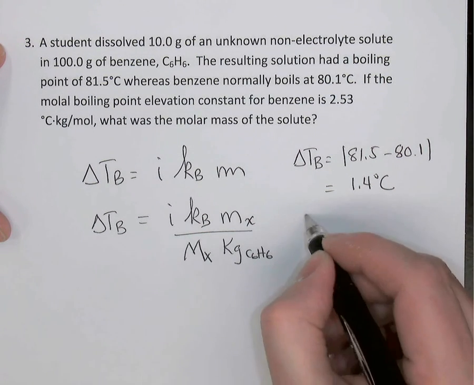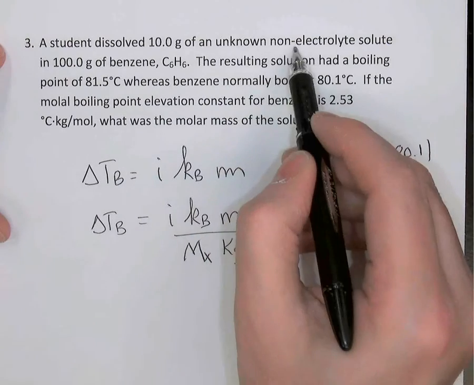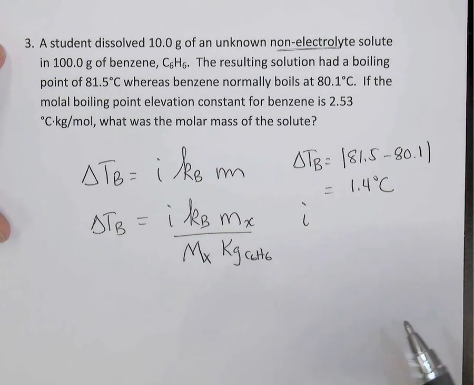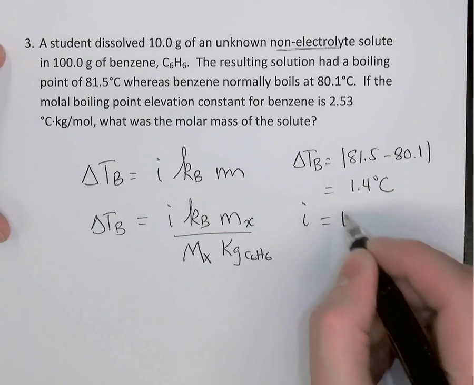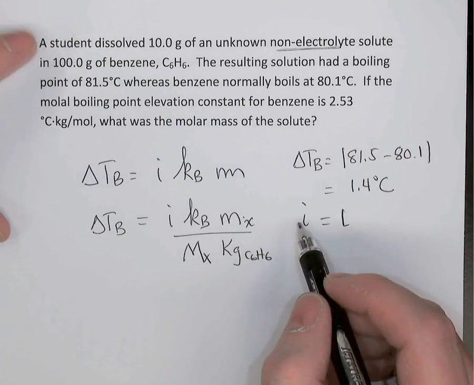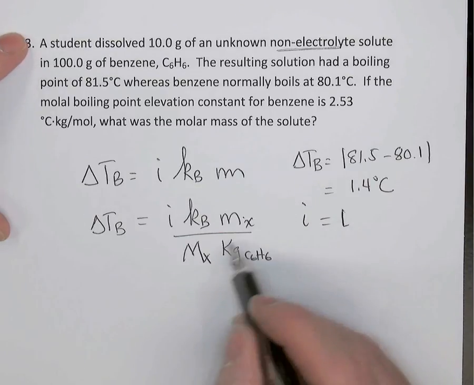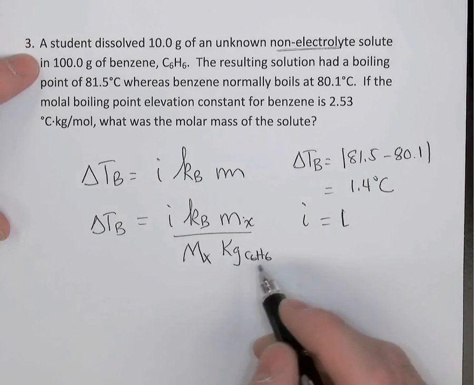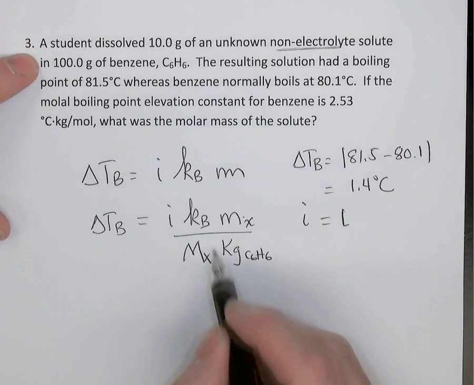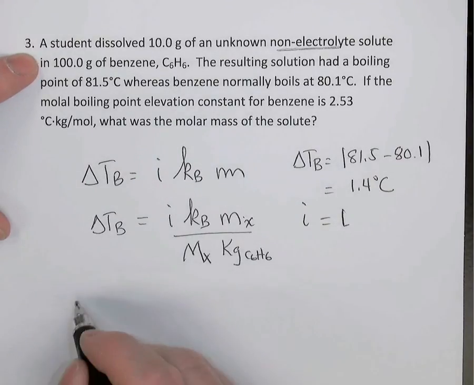Do we know I? Well, we were told that the solute is a non-electrolyte, which means it doesn't dissociate, so I is equal to 1. Do we know the mass of the solute? Yes, we do. It was 10 grams. And the kilograms of the solvent, it was 100 grams of benzene, which is 0.1 kilograms. So we have enough information to go find the molar mass.